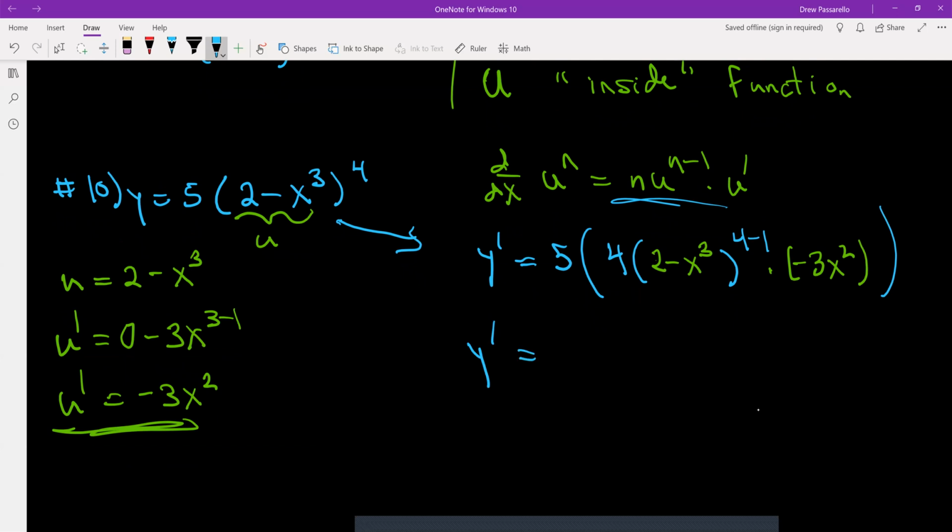So we would have 5 times 4 times negative 3x squared. 5 times 4 is 20. 20 times negative 3 is negative 60. So it'd be negative 60. And I would put the x squared first, and then do the 2 minus x cubed. And then 4 minus 1, that's to the third power. And then that's going to be the result. You would leave it like this. You wouldn't expand it.